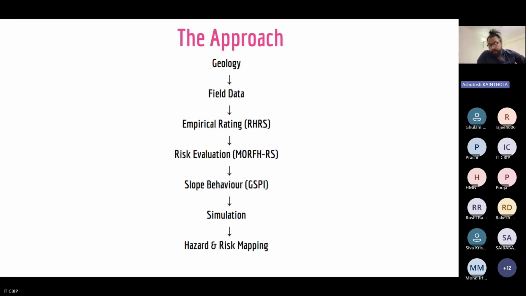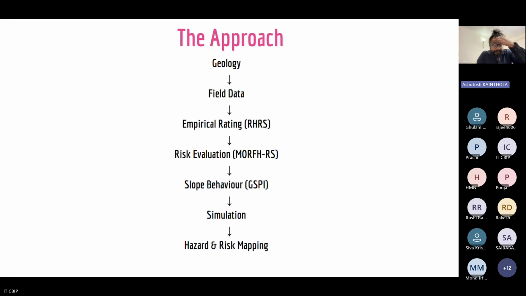After that, we did the global slope performance index rating, because the conventional approaches tell if a slope is stable or unstable. We needed an approach in which we could know if it's partially stable, if we'll have local bench failure, if we'll have multiple failure, or if we'll have total collapse.